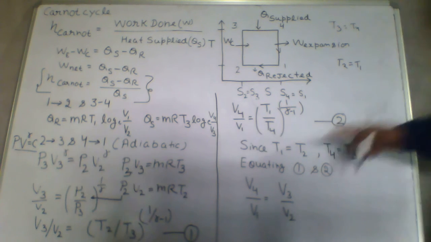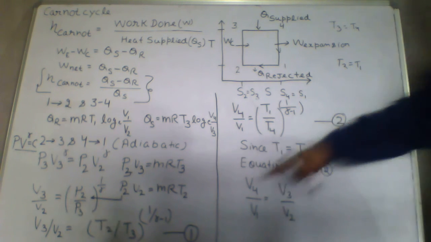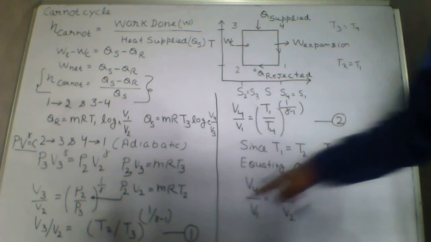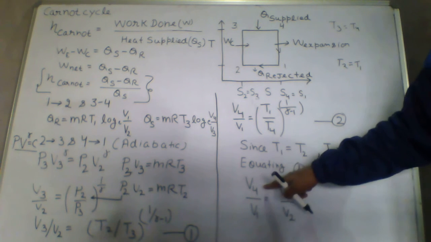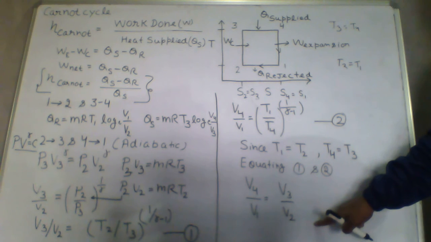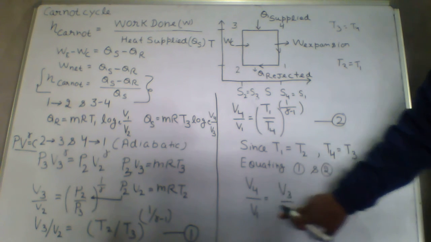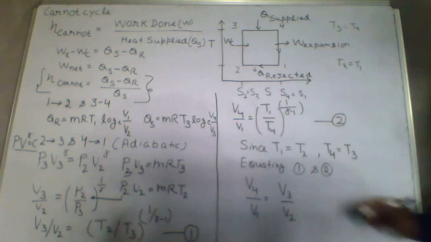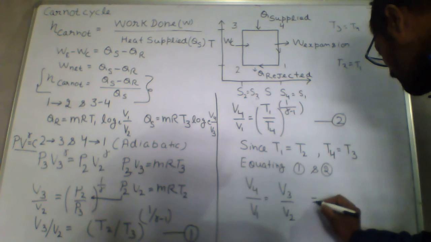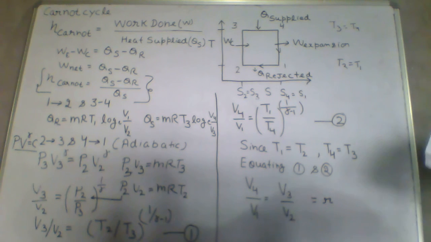So what you can do is replace T1, T2, T3 and T4 and equate equations 1 and 2. After equating, you will get V4 by V1 is equal to V3 by V2. The value of this is called R, the compression ratio.